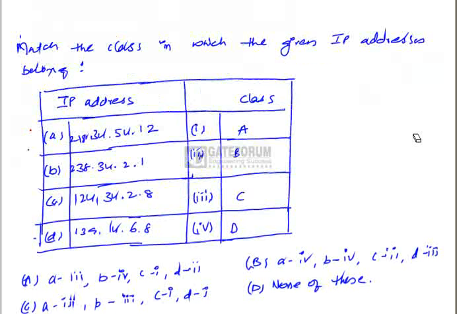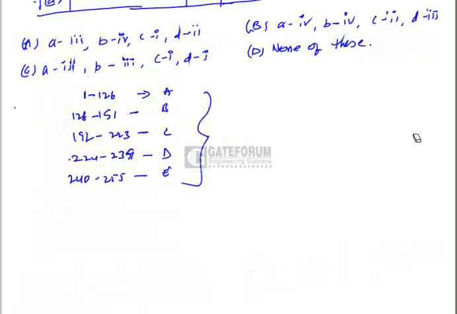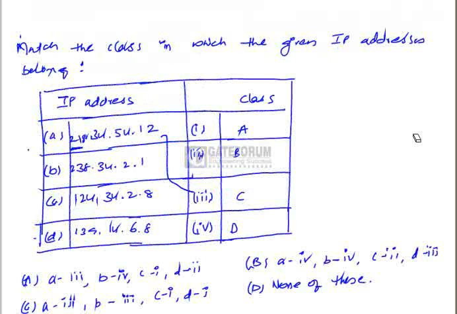Here, if we see the first IP address, the first octet is 218. So this IP address belongs to class C, 192 to 223.